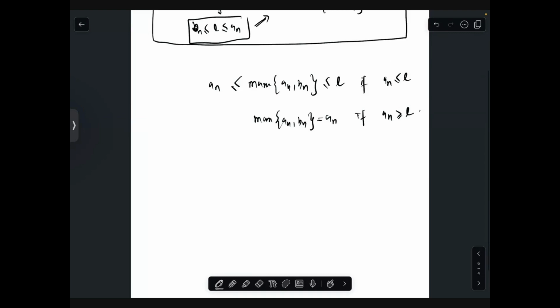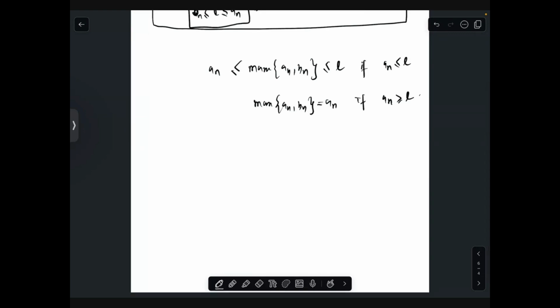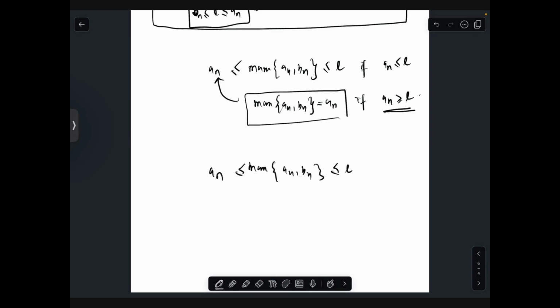So essentially, if you now take the limit on both sides, it doesn't matter, because if an is greater than or equal to L, the maximum of an, bn is equal to an, and that is included in this case. That the maximum of an, bn is greater than or equal to an, that is included in this case. So this statement, the maximum of an, bn is less than or equal to L and greater than or equal to an, is always true.